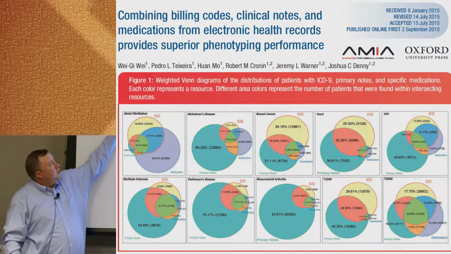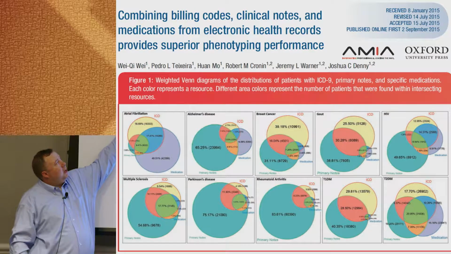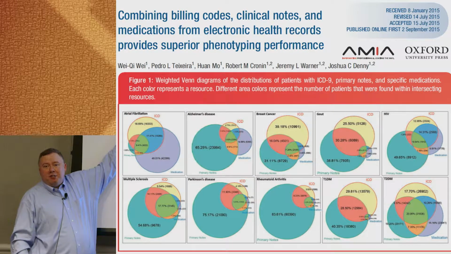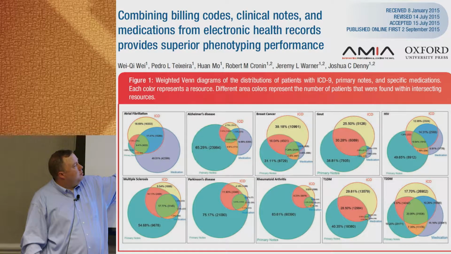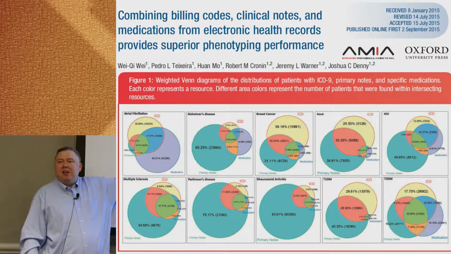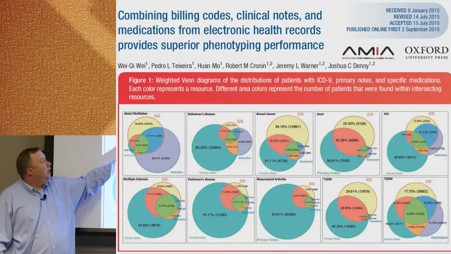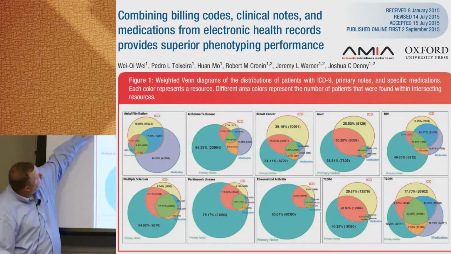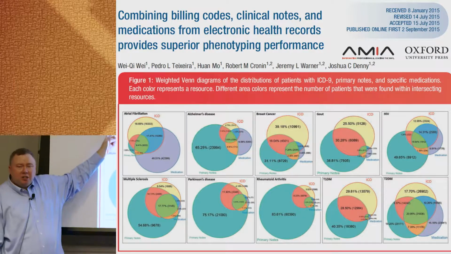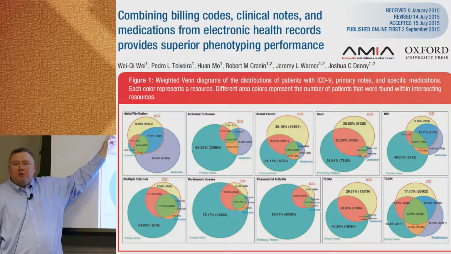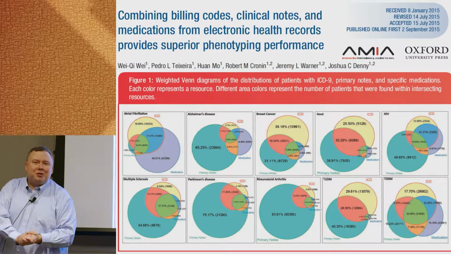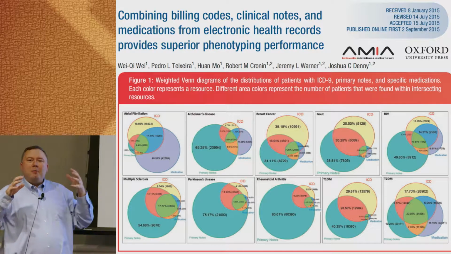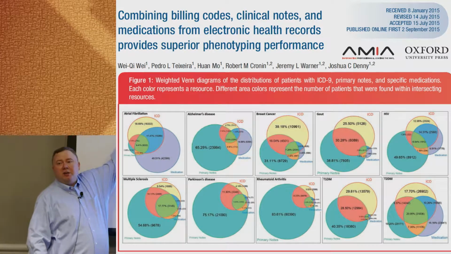So here what you've got is atrial fibrillation. This yellow circle is diagnosis codes, records that would be in the condition domain. This blue circle represents medications, so the data that would be in our drug domain. This greenish circle here is the data that comes from primary notes. And the intersection is basically, if you are looking for people with atrial fibrillation, how many people are identified using diagnoses alone?